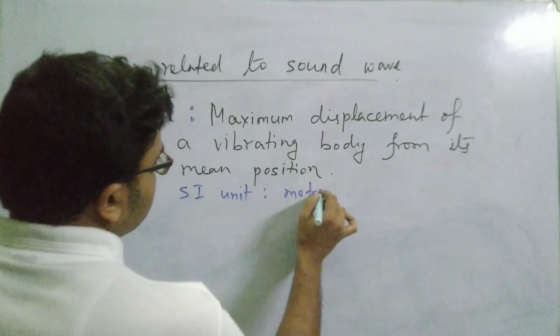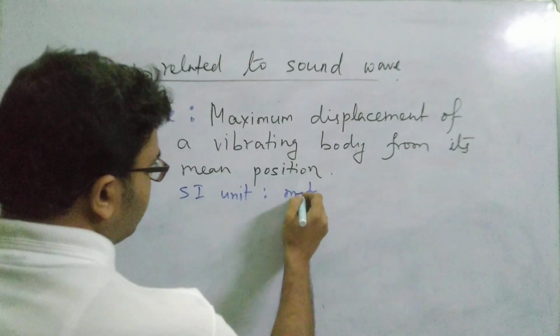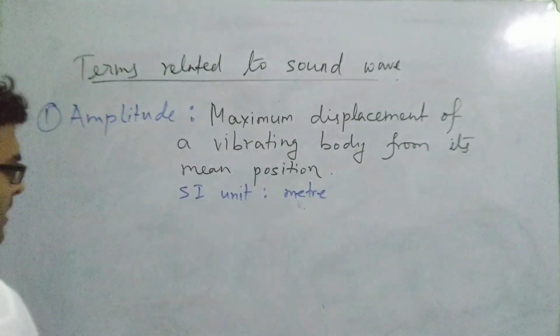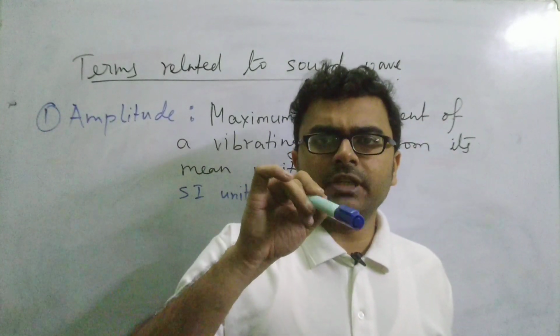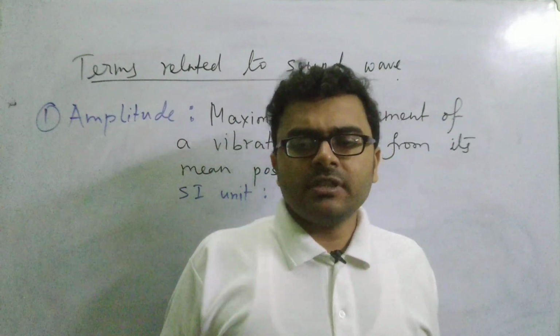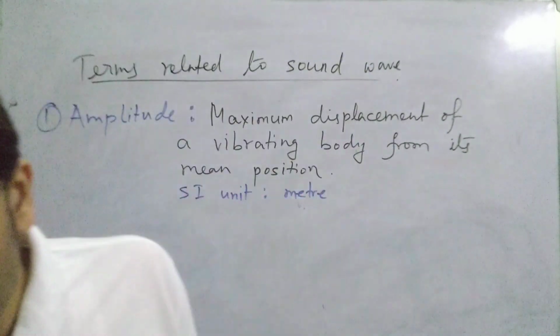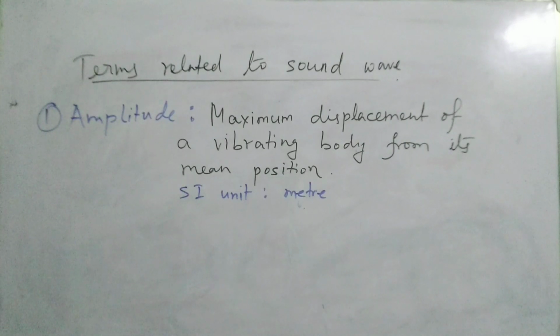But generally, when a body is vibrating, does it move a large distance to and fro? No, the pen is just moving like this. Many times the vibration is much smaller than that. The vibration is sometimes very small if we say it in terms of meter. That is why, although the SI unit is meter, we also denote amplitude sometimes in centimeter.